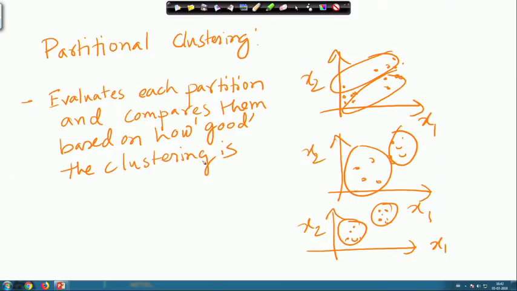You can measure how good by scatter or some other measure we will discuss later. So, it checks all the possible clusterings and chooses the best. In this case, maybe this is the best. So, this is partitional clustering.